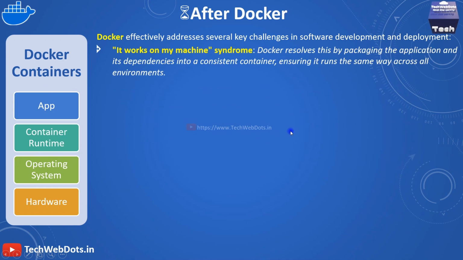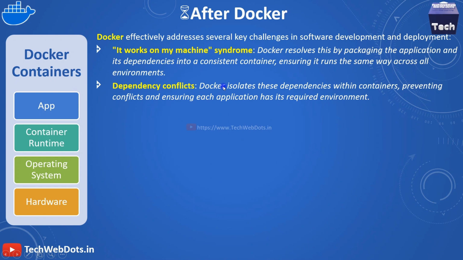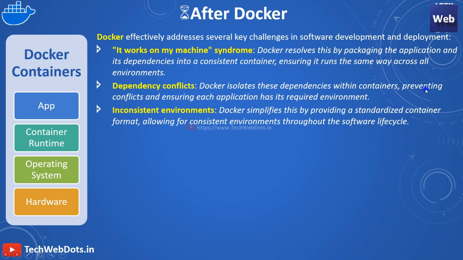Just to see what problems Docker solved for us: the "it works on my machine" syndrome. Docker resolved this by packaging the application and its dependencies into a consistent container. It means you build the container one time and run it anywhere, ensuring it runs the same way across all environments because it contains all the information about its dependencies. Dependency conflict: Docker isolates dependencies within the container, preventing conflicts and ensuring each application has its required environment.